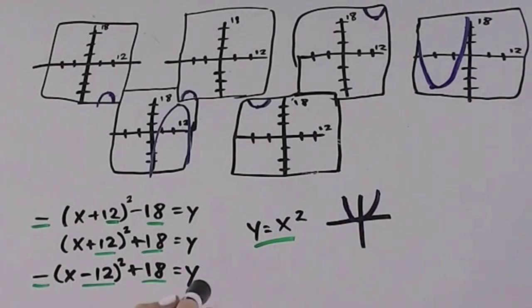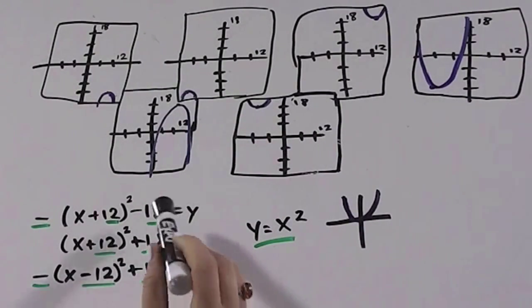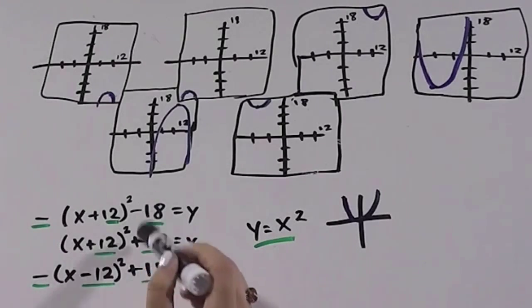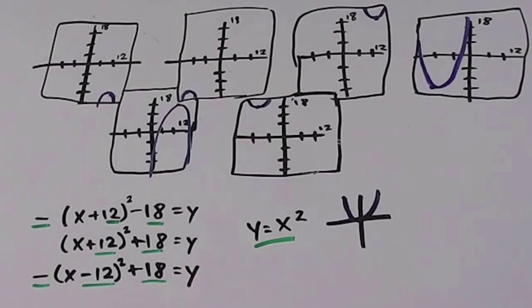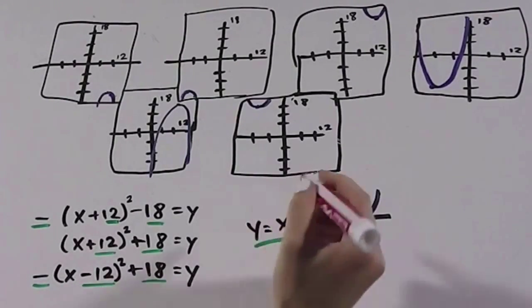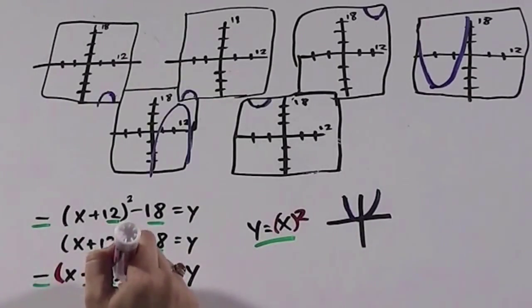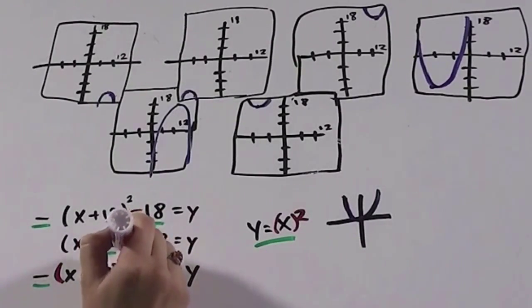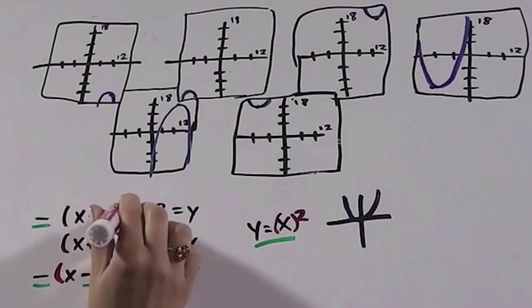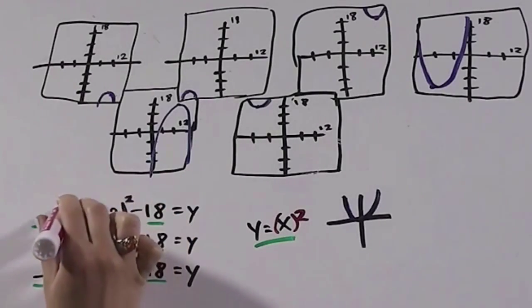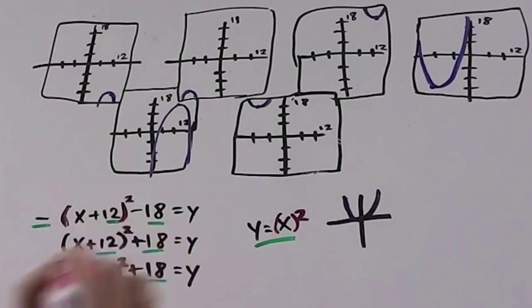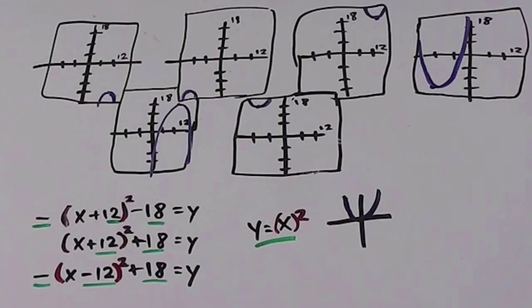And let's first consider what happens when we add or subtract this number 18 to the outside of our square function. If you'll notice, if this is the square function, everything inside the parentheses is inside the square function. So this 18 outside of the square function can't do anything to our x values.